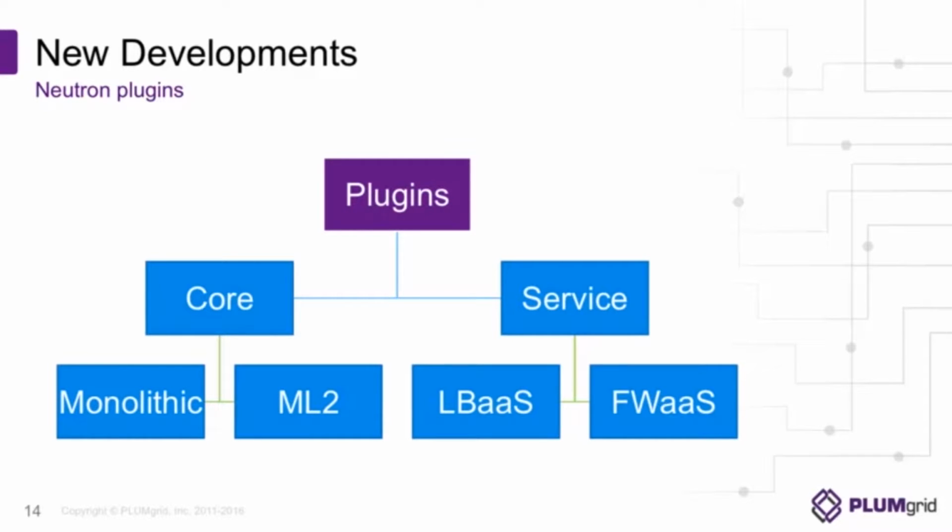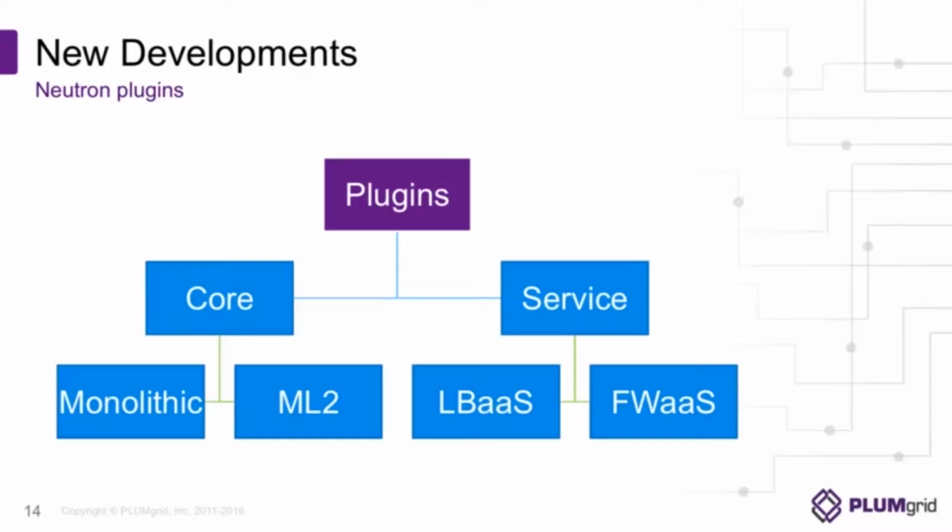There are two types of plugins in Neutron. You get core plugins, and then you get service plugins. The core plugins can be either monolithic, which are plugins that implement the whole networking backend, or modular layer 2 plugins, which are meant to allow many different plugins, many different layers.